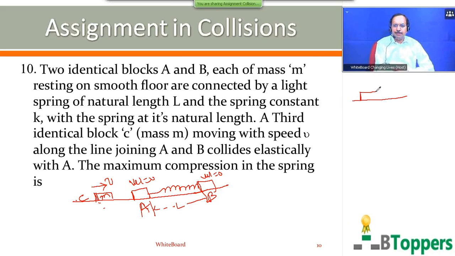And so when the block A starts moving towards right, the block A compresses the spring towards right. So the elastic force exerted by the spring on the block A acts towards left, and the compressed spring pushes the block B towards right.